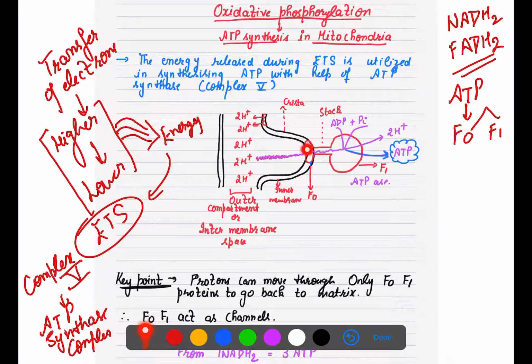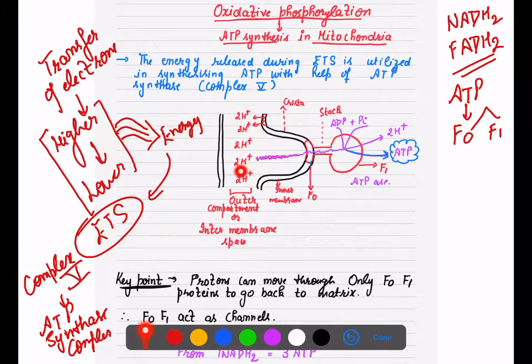Now in the inner membrane we have our channel protein, that is F0 and F1, right? So this one is our F0, and this is the stalk, or you can say the body of F0. F1 is the extrinsic protein which is present in the matrix. So this is the inner membrane, and this is the intermembrane space.